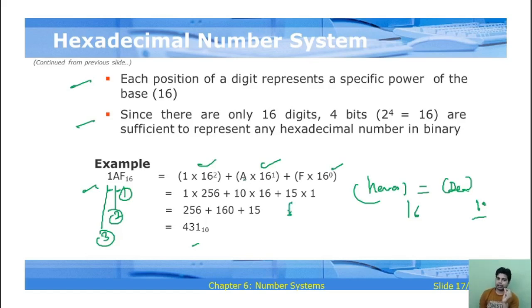Second, A is 10, and 1 is 256. So this is 15 into 1, 10 into 16, and 1 into 256. So 256, 160, 15, and the total is 431. So here is the conversion from hexadecimal to decimal. Clear?